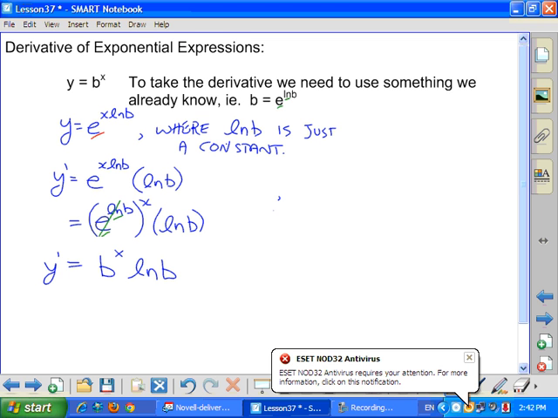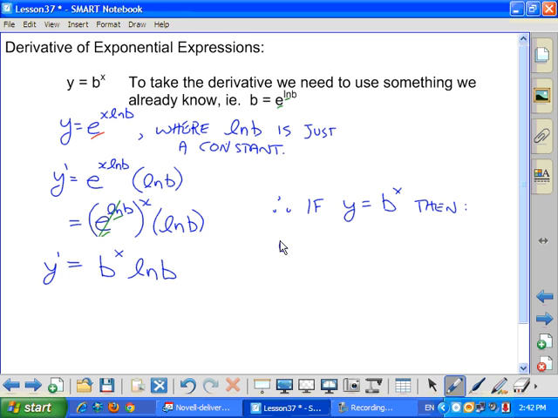So therefore, if you have any exponential function, b to the x, then the derivative y prime will equal the original exponential function multiplied by the ln of the base multiplied by the derivative of the exponent.